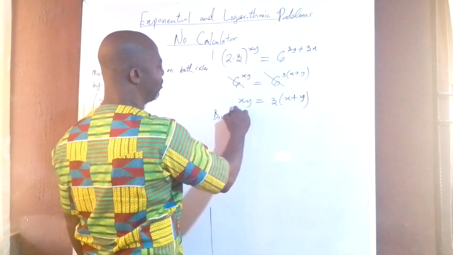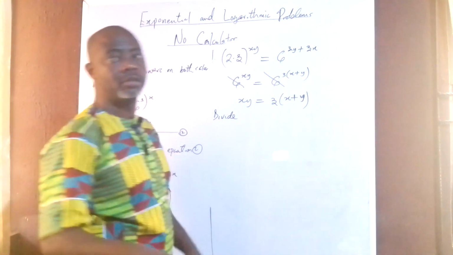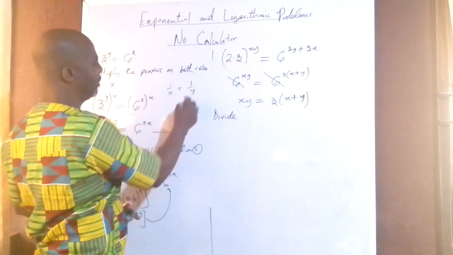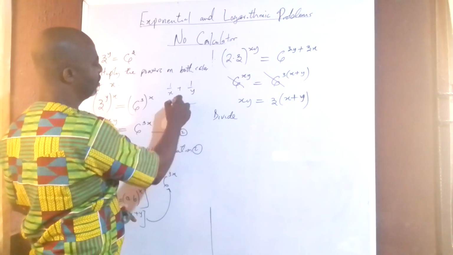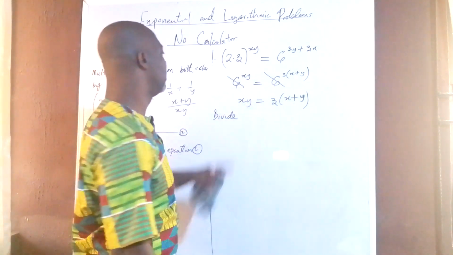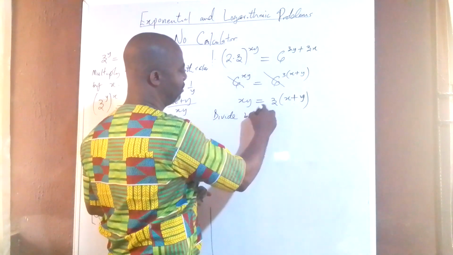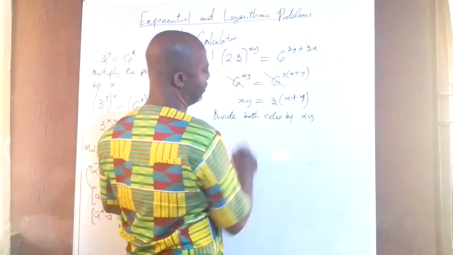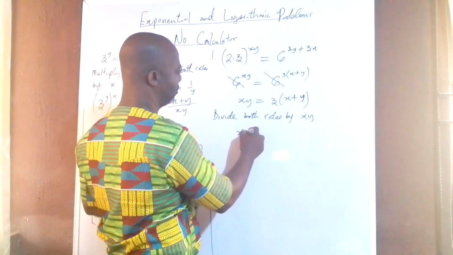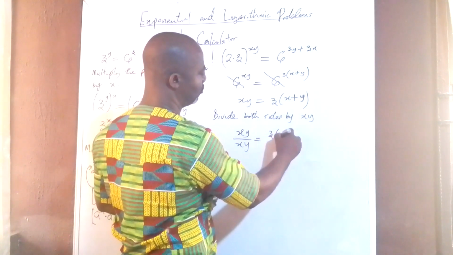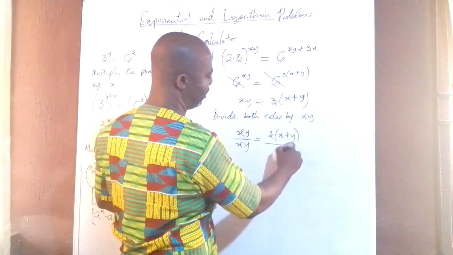Since the denominator of the combined fraction, where we had 1 over x plus 1 over y, the single fraction is x plus y over xy, we have to divide both sides by xy. So we have xy over xy equal to 3 into x plus y over xy.